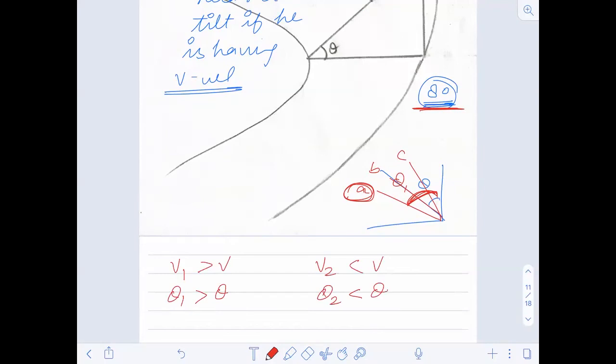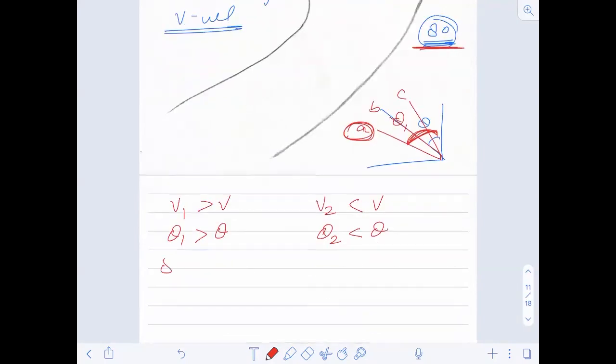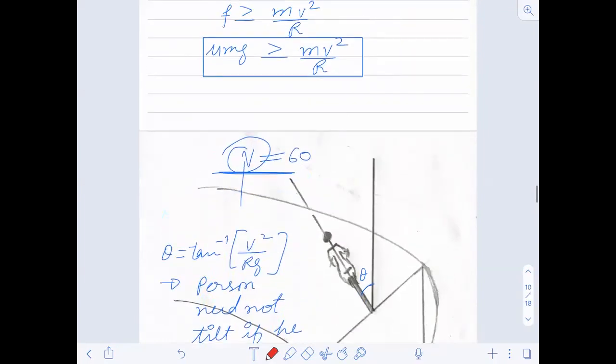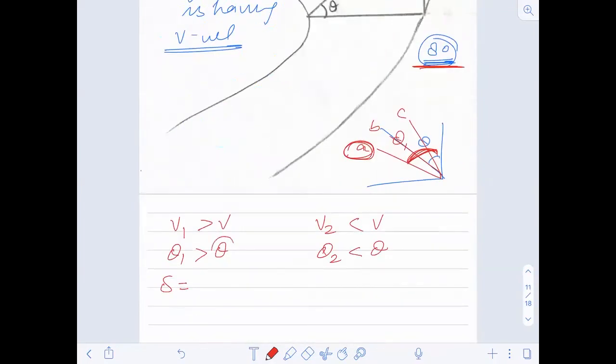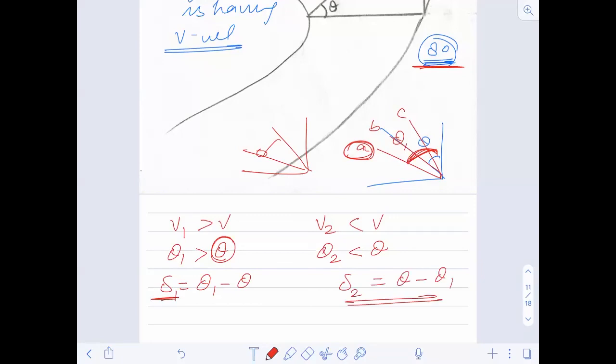For theta he doesn't have to do any extra effort. If he wants to go with the extra velocity, he has to tilt this delta angle towards the left, this side. If this is delta 1, for delta 2 I'll write theta minus theta 1. This is how they will ask you the questions.